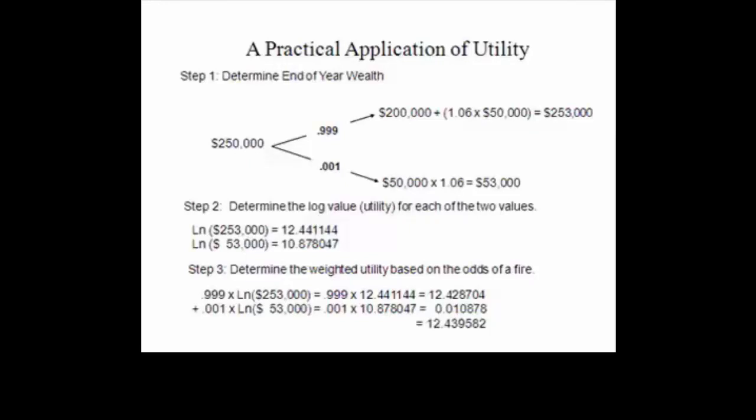Step 2 substitutes the utility using the log normal function again for the house value. Step 3 weights the value from step 2 by the odds that the events will occur to determine the fair game value. Again, this was the very same process that we used in slide 4 above.